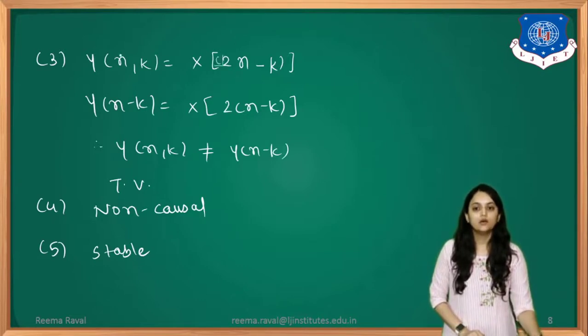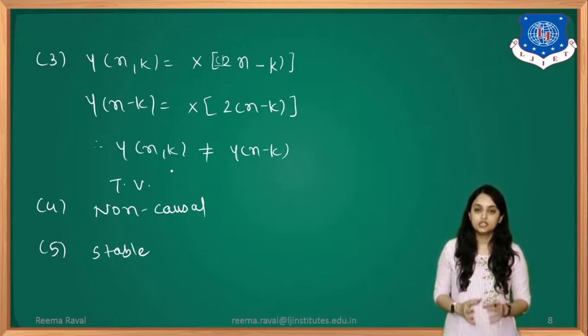Second, wherever n is there, we need to place n minus k and obtain the function accordingly. So n is replaced by n minus k, and it will become 2 into n minus k. If we open this bracket, we will have 2n minus 2k. This will not be equal to the first one. So we can call it a time variant system, which means it changes with time.